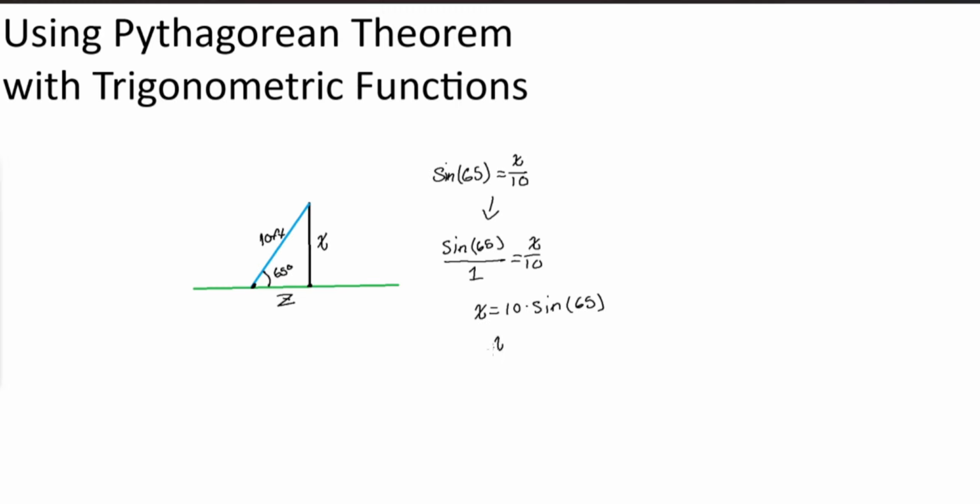So x is, let me put this into a calculator, 10 times sine of 65, and that's approximately 9.1 feet. So now we know the wall is 9.1 feet tall. Now how do we find z?